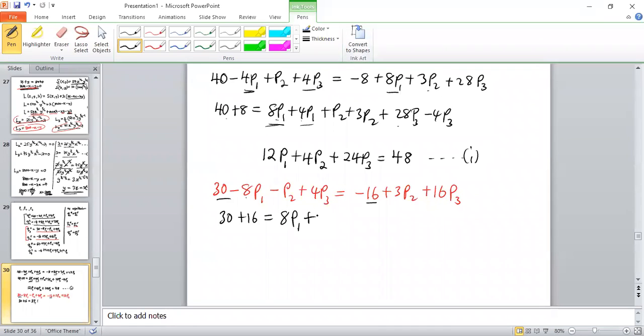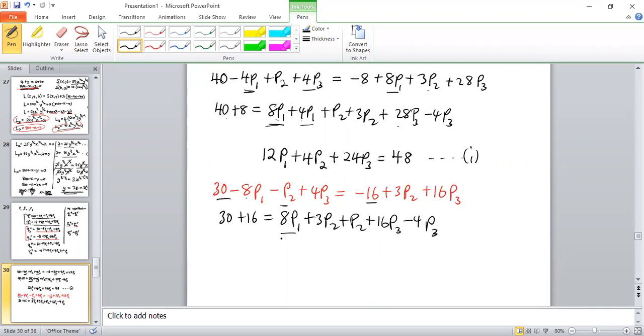Then we have plus 3P2; when we take this the other side, it will be plus P2. Then we have plus 16P3; when you take this the other side, it will be minus 4P3.